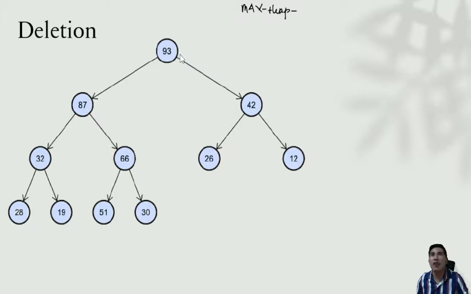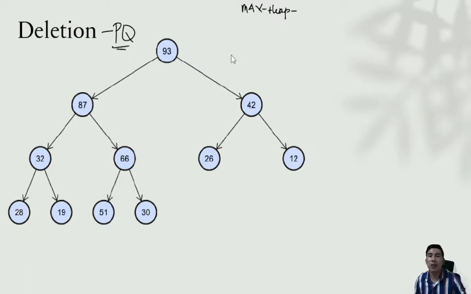Why? Because that is where we can implement a priority queue, the highest priority. In this case, because we are implementing max heap, the highest value, 93, the root node, should always be deleted first, because again, this is to implement a priority queue.